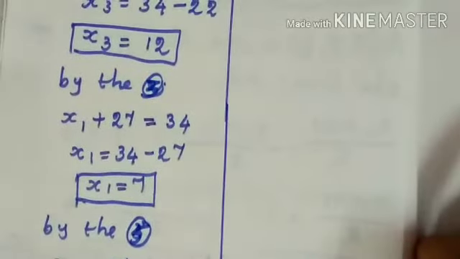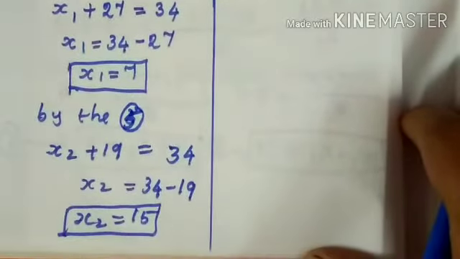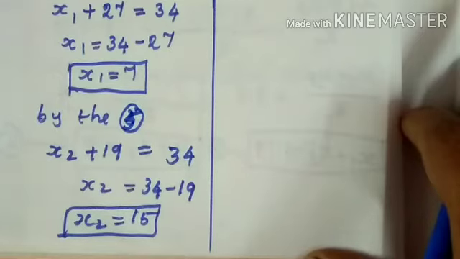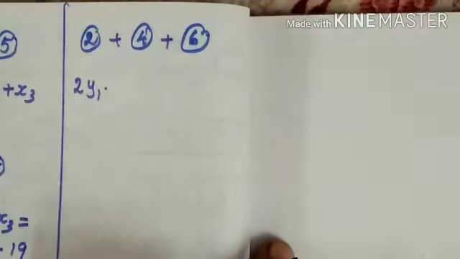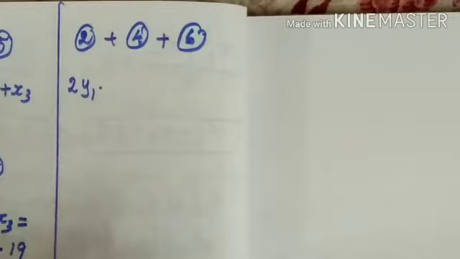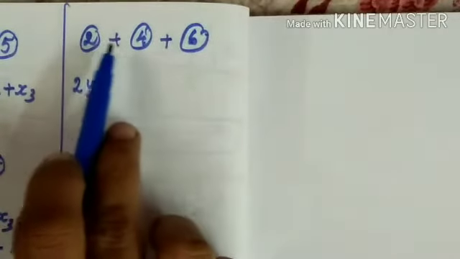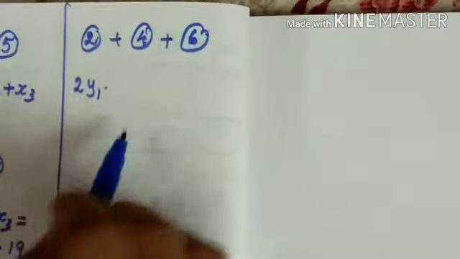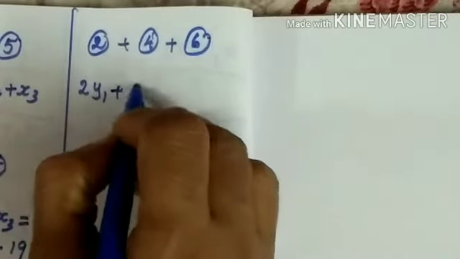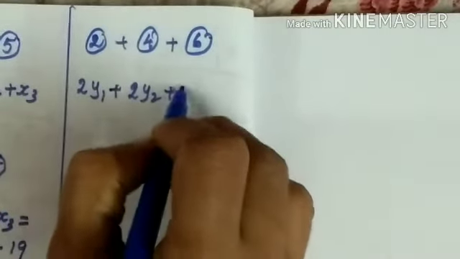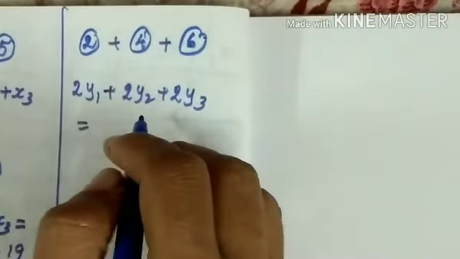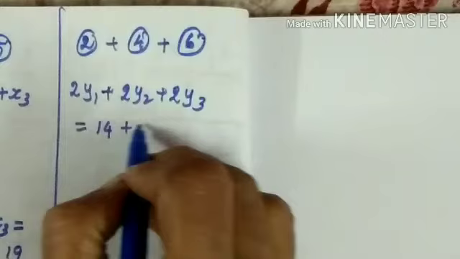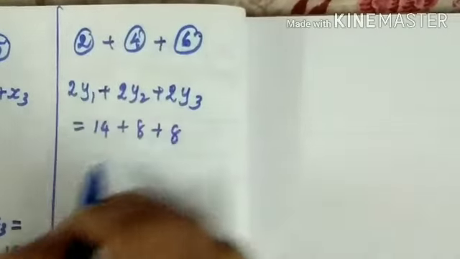Now, we have the x coordinates of triangle ABC. Similarly, we have to find the value of the y coordinates. Now, adding the even number equations 2 plus 4 plus 6, we get 2y1 plus 2y2 plus 2y3 is equal to 14 plus 8 plus 8.